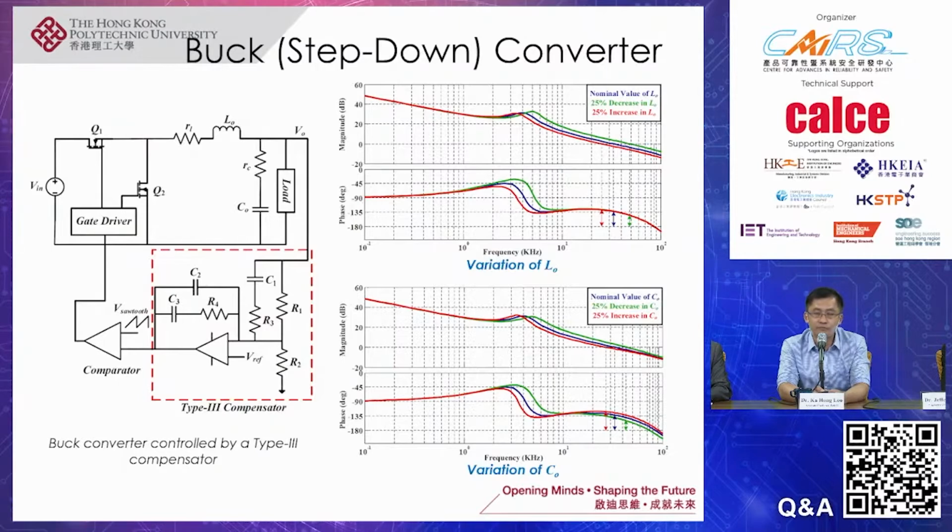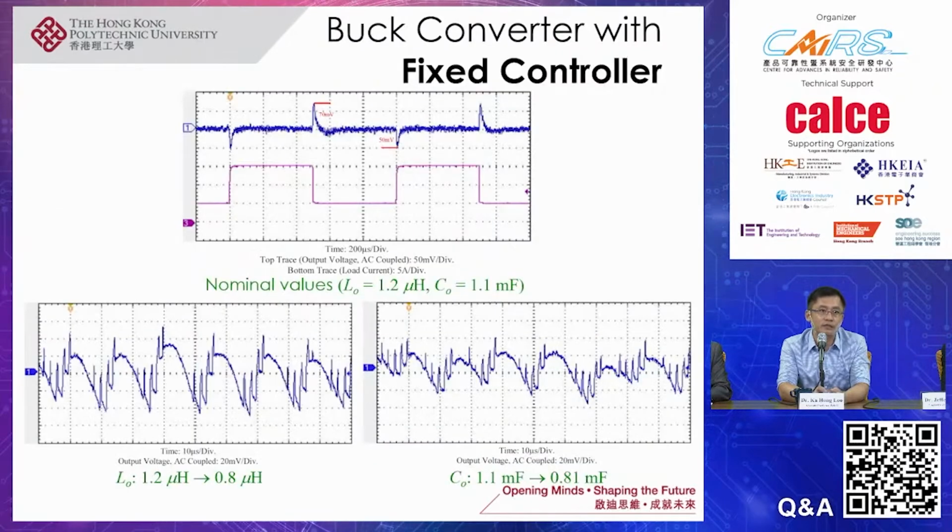So in the extreme case where the capacitance value has decreased by 25%, here we can see an experimental result that we have actually measured on our buck converter. The top figure here shows when both the inductor and capacitance have the nominal value. So everything seems fine. When we step increase or step decrease the load current, we can see that the output voltage maintains good regulation.